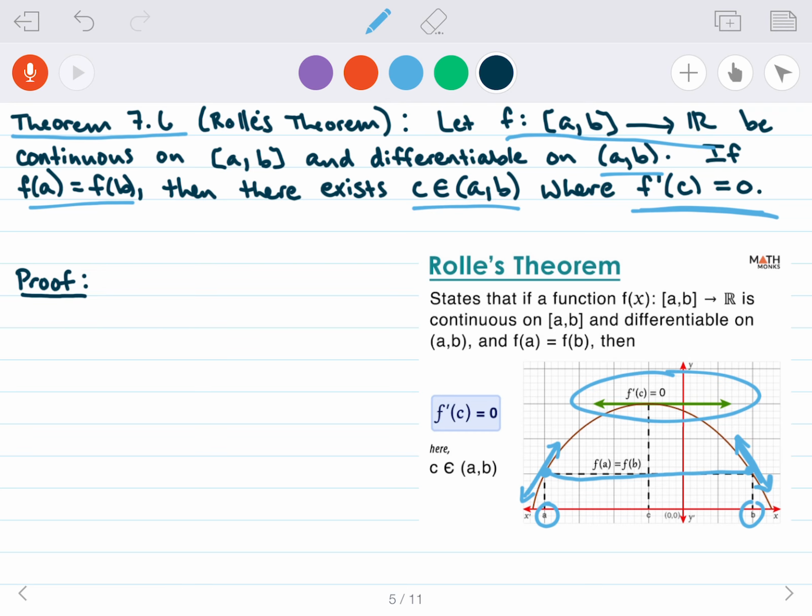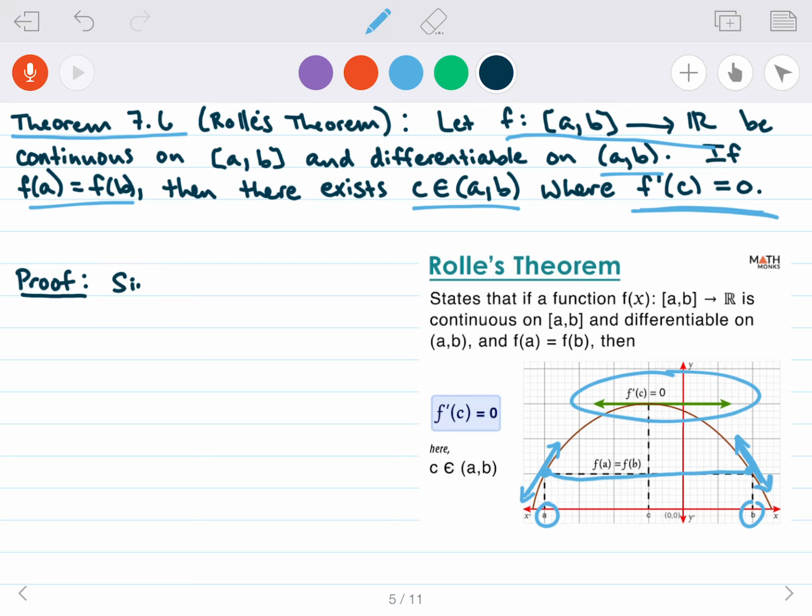All right, so the idea is we're going to use the extreme value theorem here. And if you recall, the extreme value theorem says that on a compact interval, f achieves its maximum and its minimum.